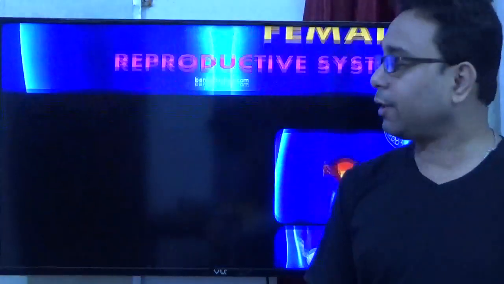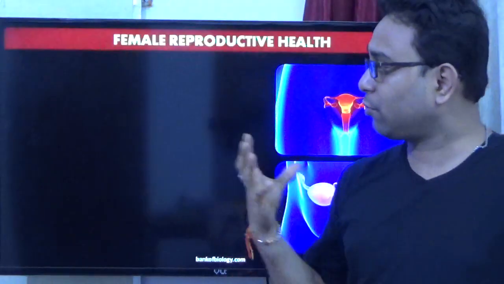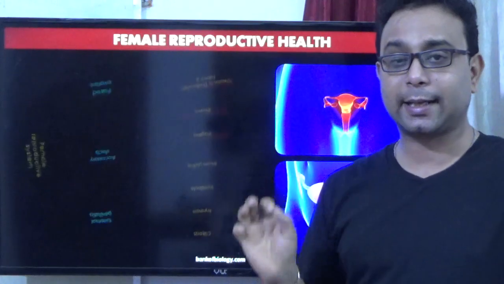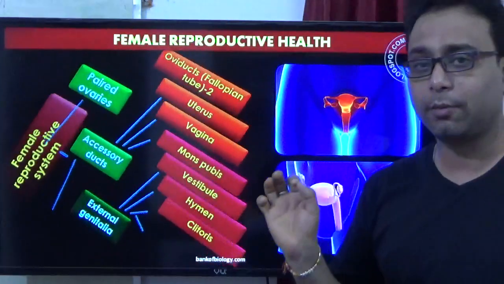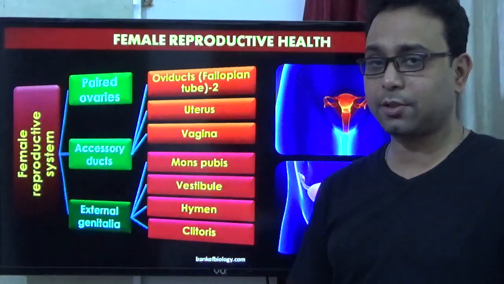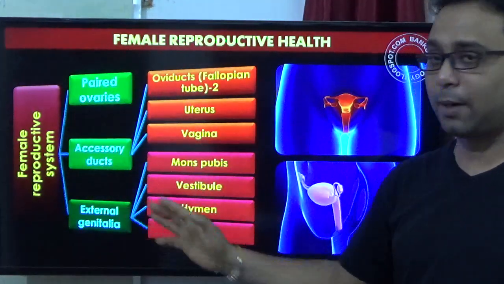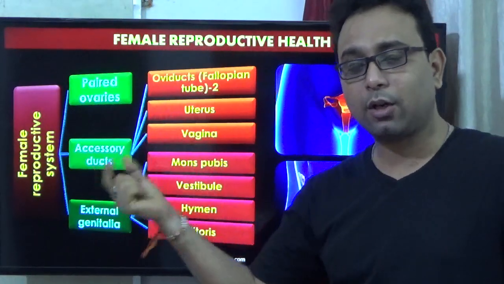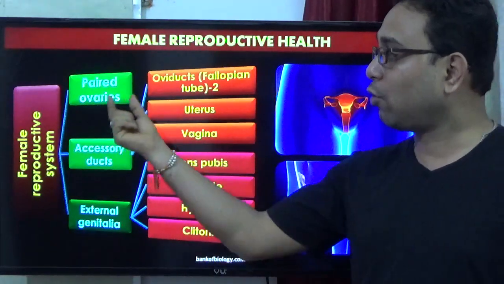In the female reproductive system, this system is very unique, very important, and it takes the most important role in human reproduction. We classify the female reproductive system into three important parts. The most important part is the primary sexual organ of the female, the ovary.